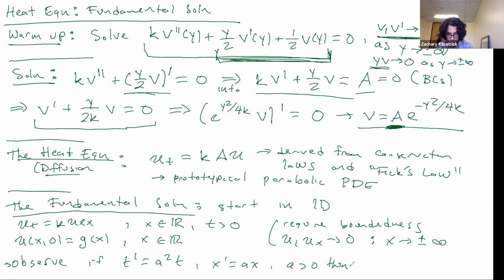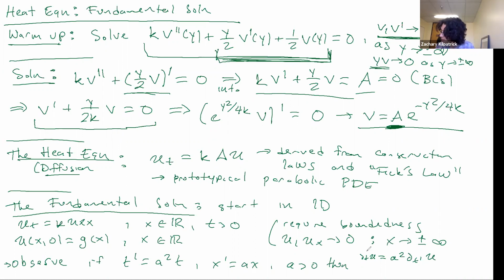Essentially, ∂_t of u is equal to a squared ∂_t' of u, because if I differentiate t' with respect to t through the chain rule, then I get this extra factor of a squared coming out.